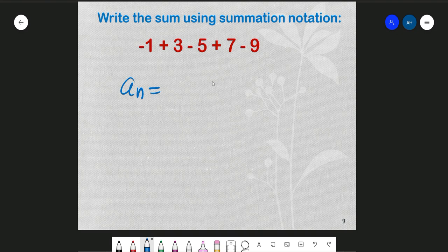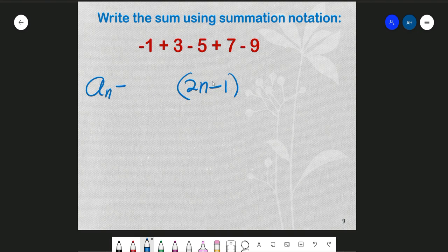And the formula we already discussed last time in our video on sequence of numbers is just 2n minus 1. That will take care of the numbers 1, 3, 5, 7, and 9. Now at the same time, I also want to take care of the sign that is alternating between negative and positive. So I want to write it again one more time here.